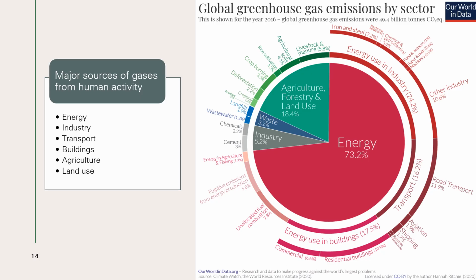This graph shows that there are a lot of different activities that lead to greenhouse gas emissions. However, globally, the energy sector, which is seen in red, is by far the largest emitter of greenhouse gases. This involves activities like burning coal, oil, and natural gas or fossil fuels to create electricity, heating, and transportation.